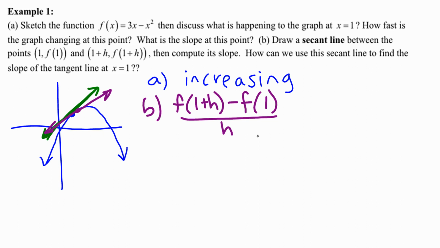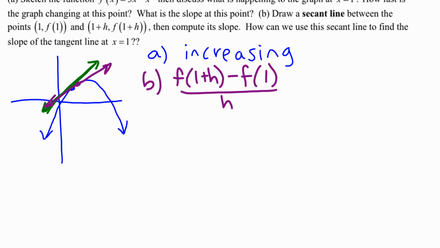To find the slope of the tangent line now, we could use this idea right here, except we're going to make h really, really small. Okay? So let's look at how to do that. So the slope of the tangent line, we're going to let h be really small.